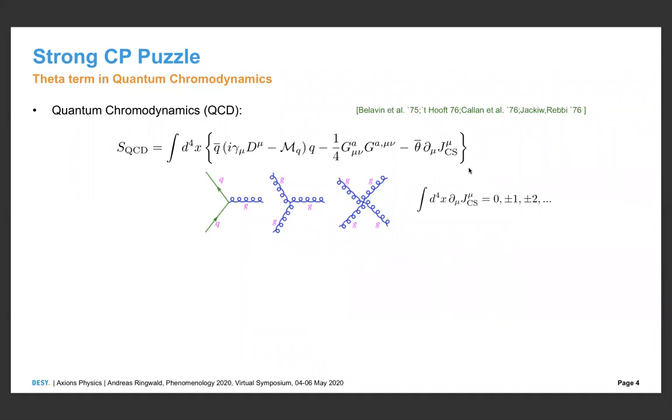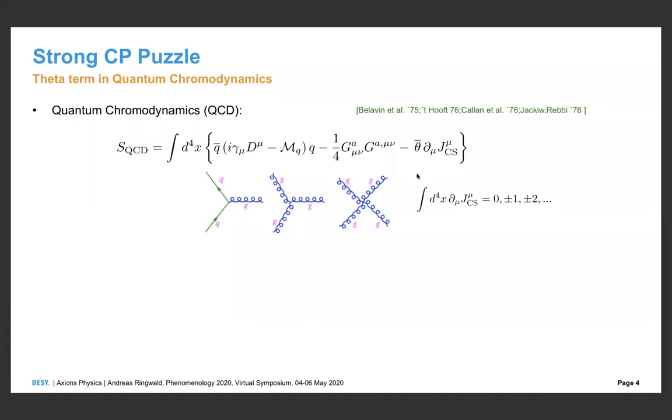Therefore this term could have a meaning in non-perturbative processes, which cannot be described by the Feynman diagrams shown here on the slide. Because these are integers, this gives an integer number after the integration over the space-time volume. So the strength of this term is measured by an angle, the so-called theta angle.